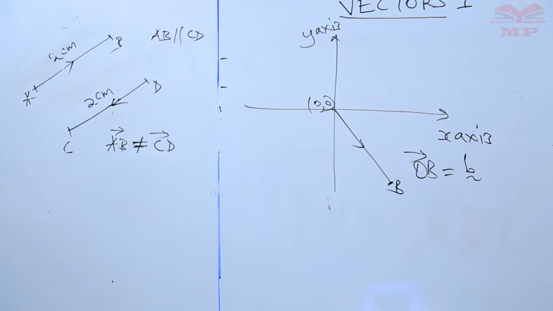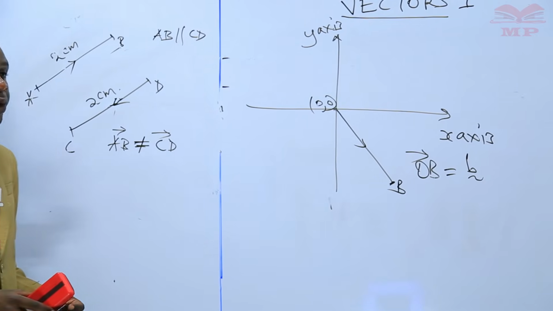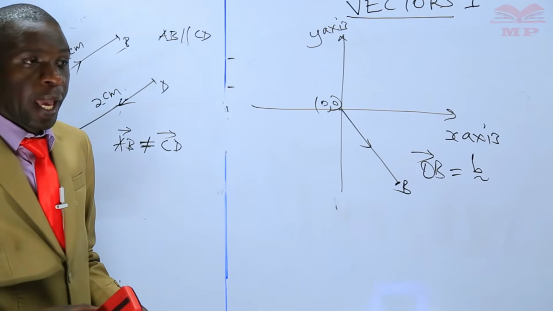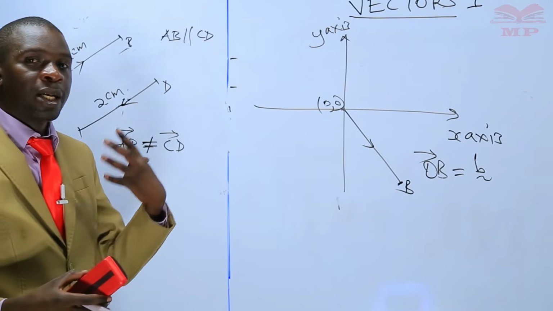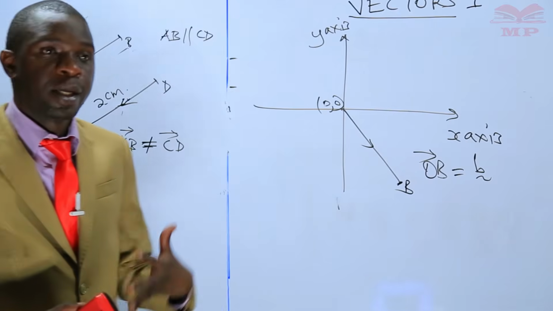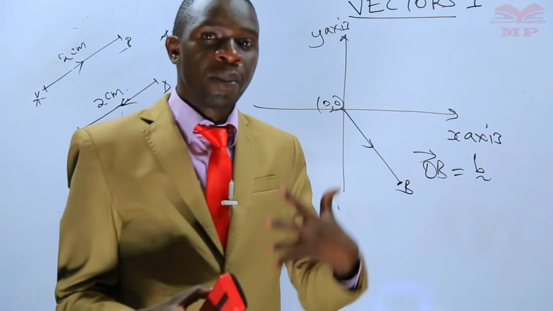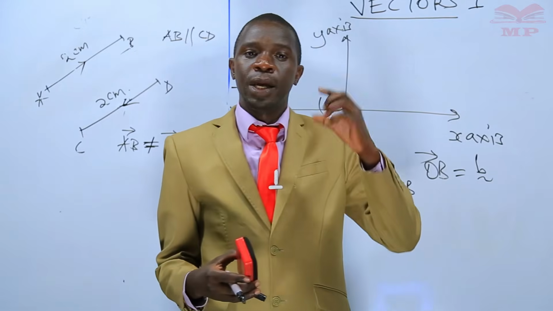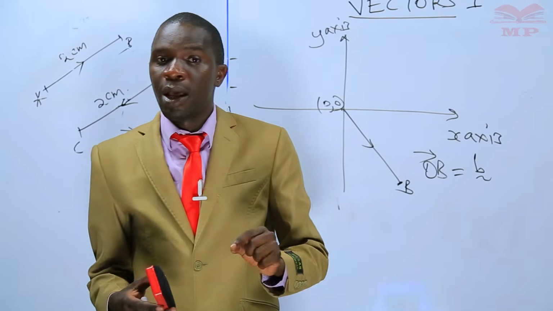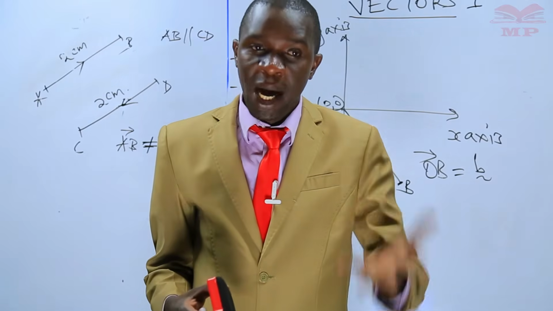So learners, this information brings us to the end of our lesson today. In our lesson today, we've looked at the meaning of vectors, and we have said that vectors are quantities that have both direction and also what we call magnitude.